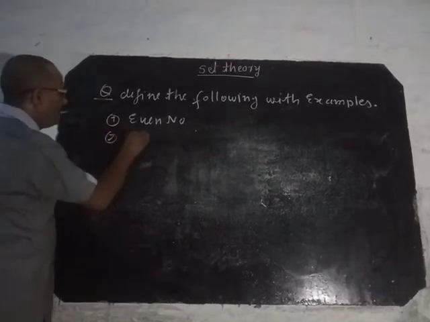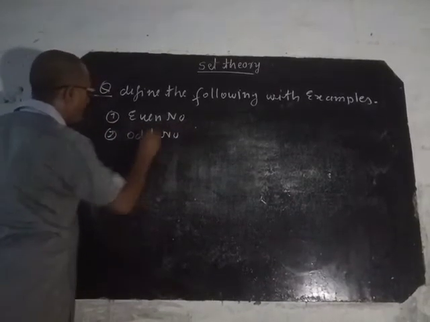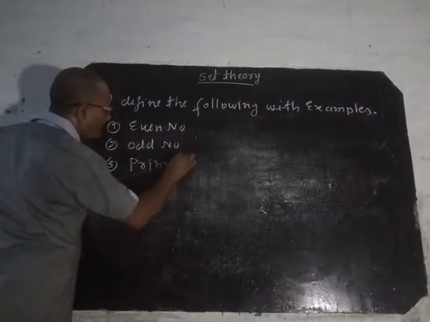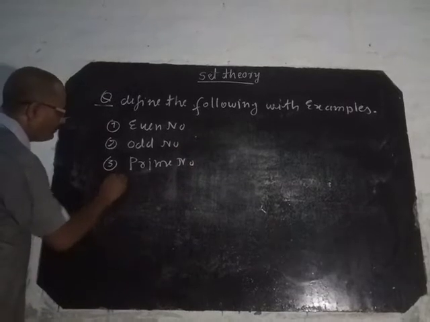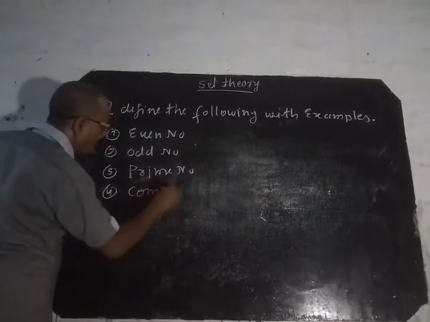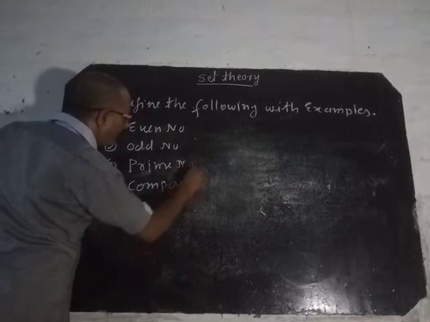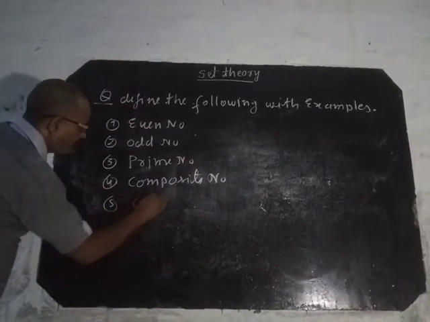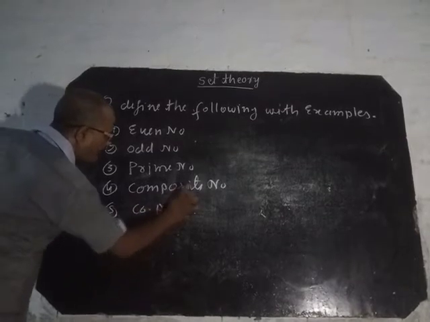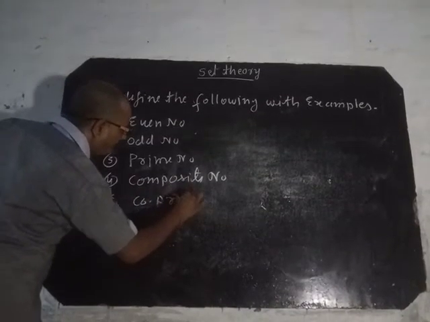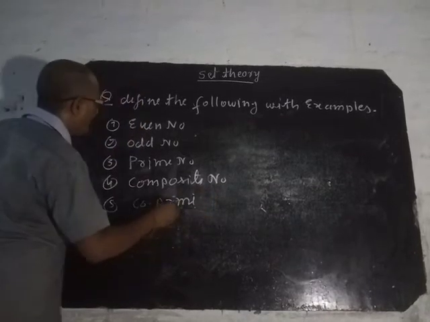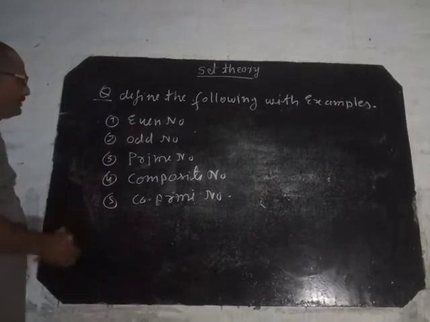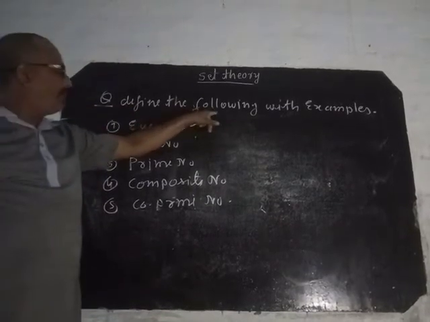Second, odd number. Third one, prime number. Fourth one, composite number. Fifth one, co-prime number. Define these five with examples.